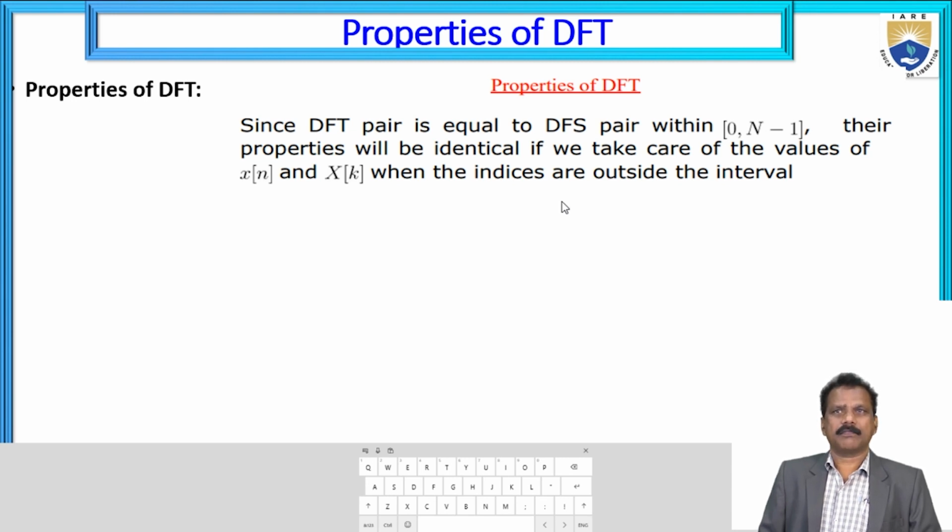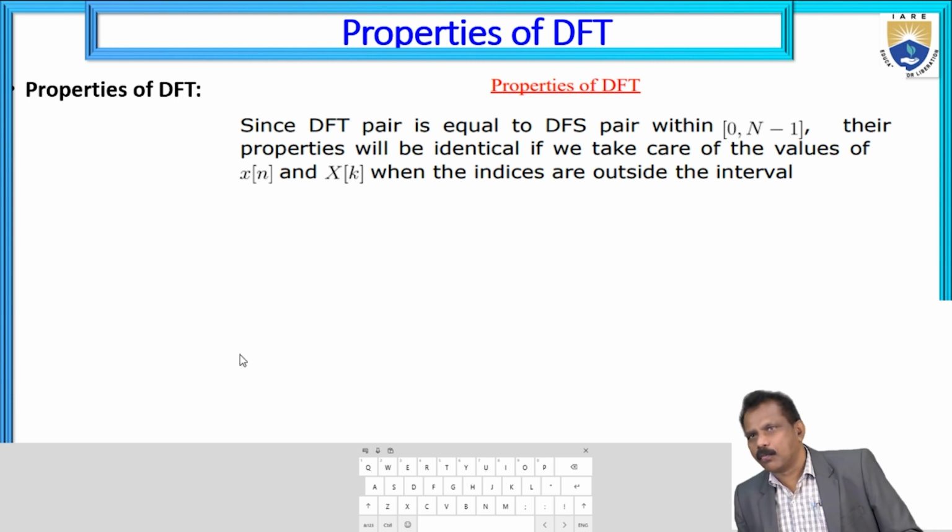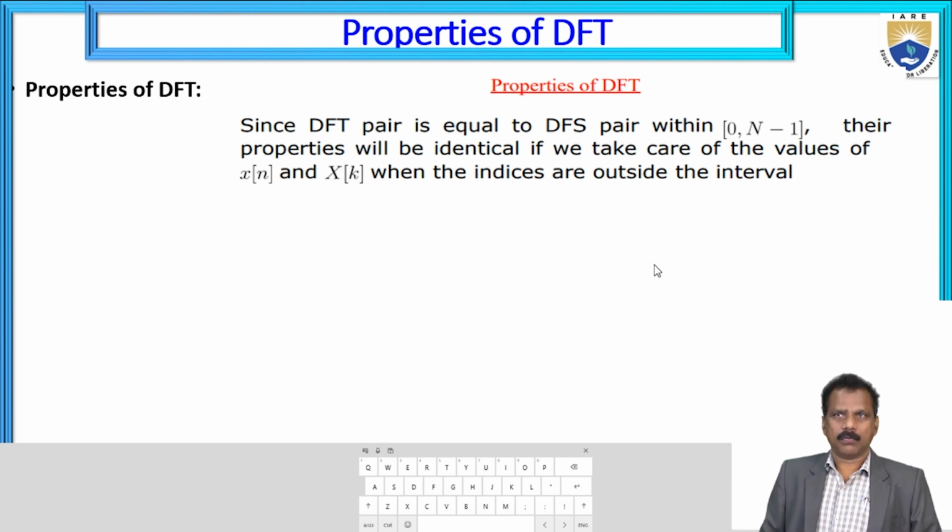The properties of DFT, discrete Fourier transform: the DFT pair is equal to the DFS pair with index 0 to n minus 1.